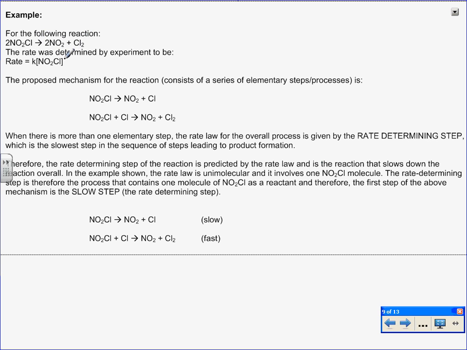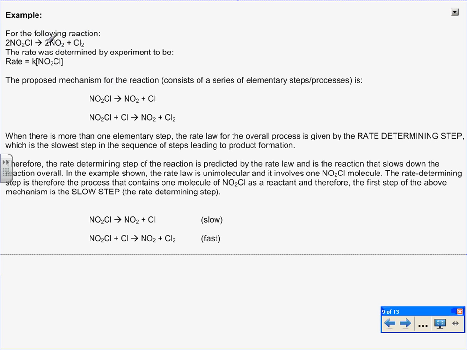So what this means is that they could use this information to propose this mechanism. This rate law is telling us that there is a step in the mechanism that involves one molecule of NO2Cl. And that particular elementary step in the mechanism is actually controlling the rate of the reaction. So knowing that there was a step that involved one molecule of NO2Cl, the following mechanism was proposed.